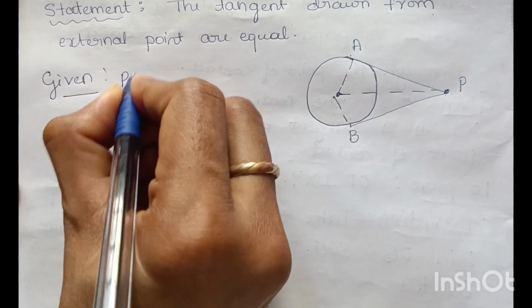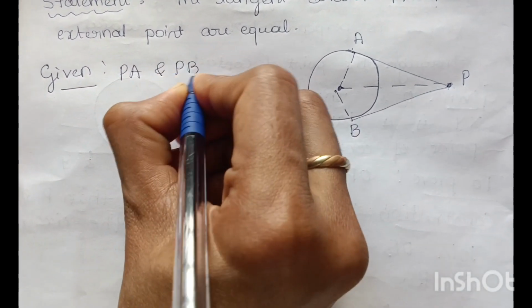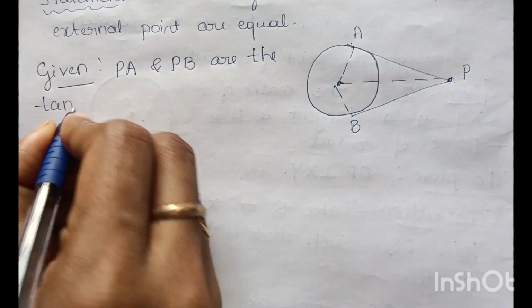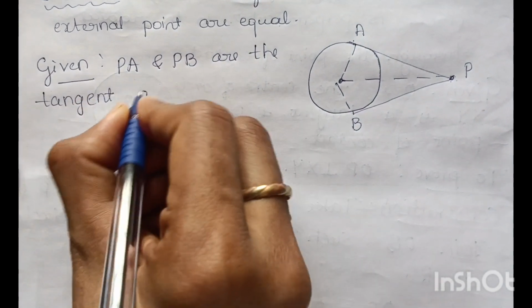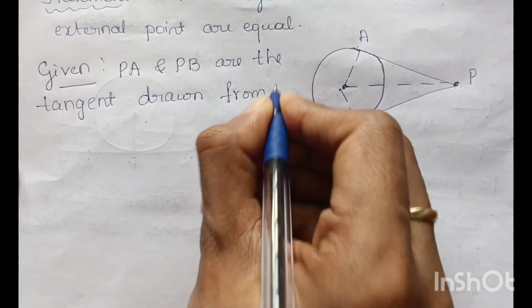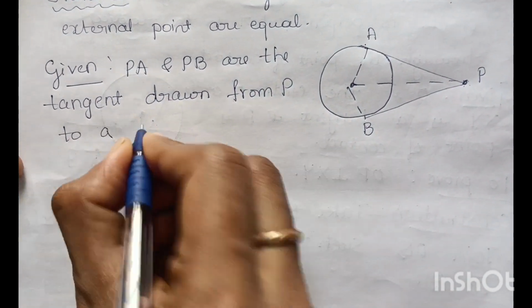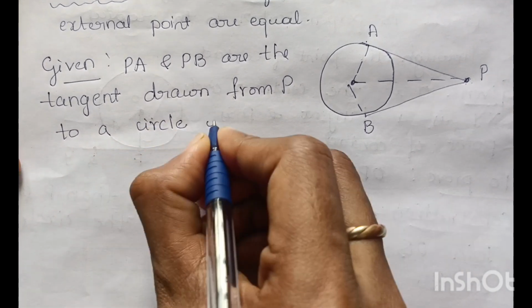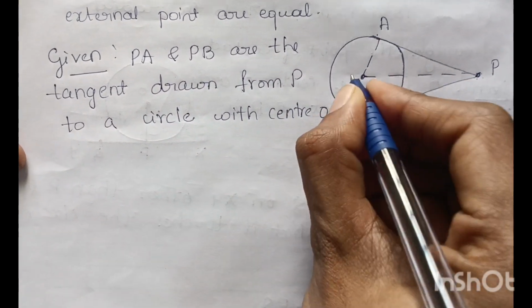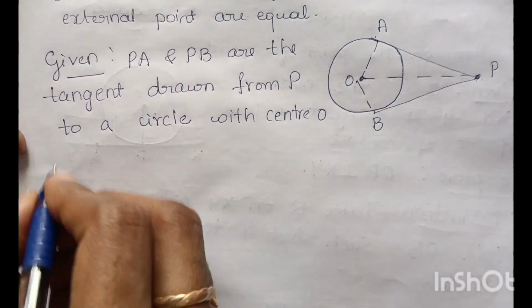Given: PA and PB are the tangents drawn from P to a circle with center O. What do I have to prove?